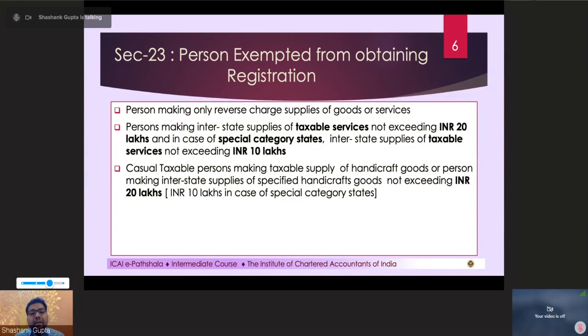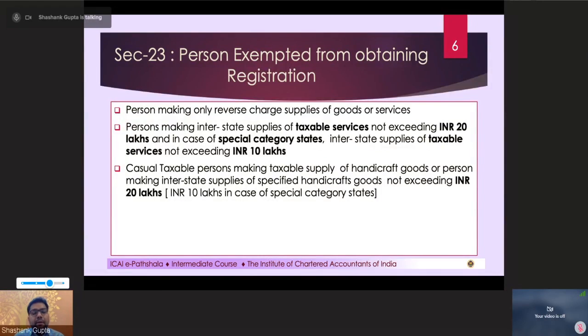Similarly, a person engaged or casual taxable person making taxable supply of specified handicraft goods not exceeding 20 lakh or 10 lakh. Handicraft goods deal in the heritage of India, and they are generally very small in size, and it's all about selling the craftsmanship of India.